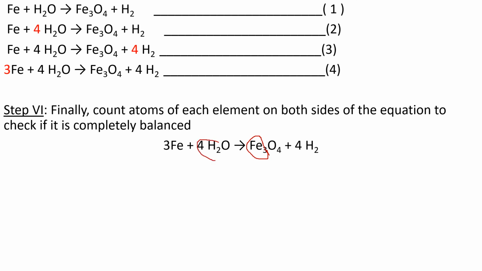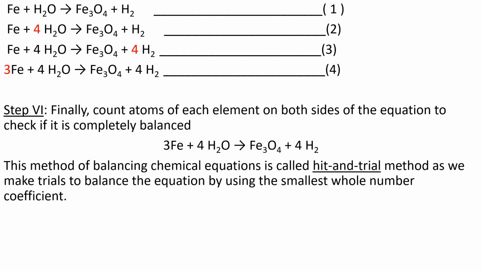Hydrogen we have 8, and on the right hand side we have 8. Oxygen we have 4 on the left hand side, and on the right hand side also we have 4. So this equation is a balanced equation. So this method of balancing equation is called as hit and trial method.